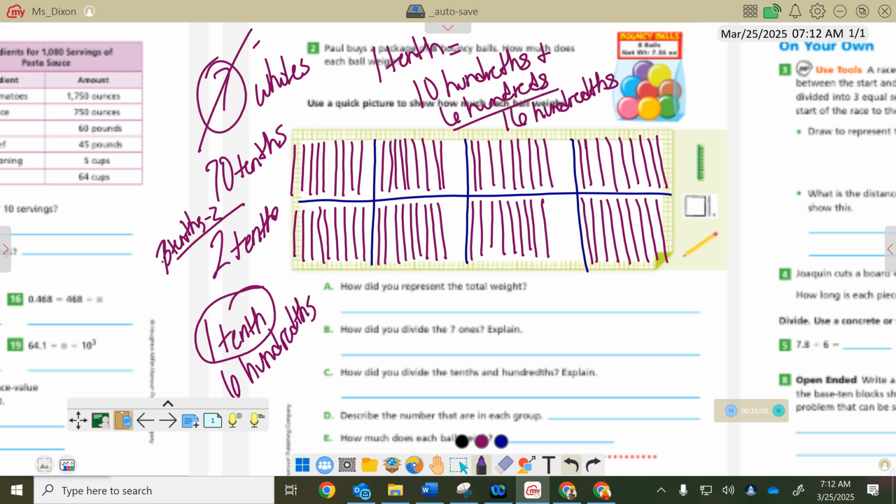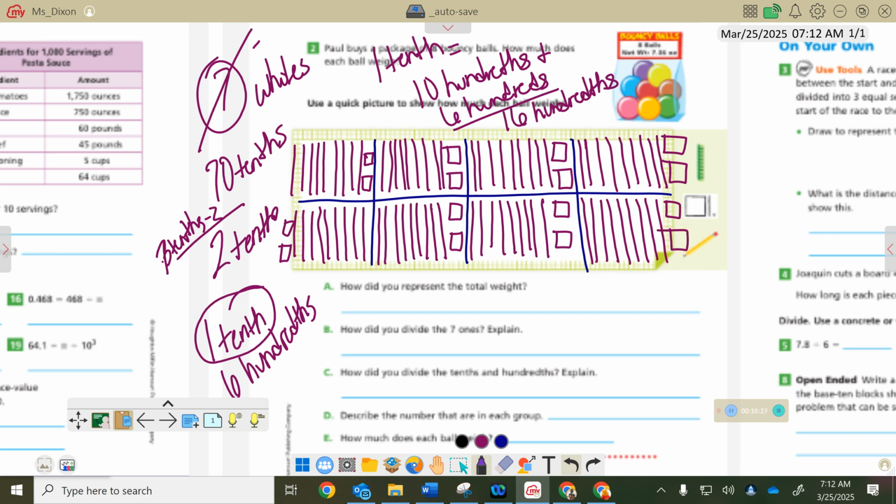And we all know that we can put 2 in each of these boxes because 16 divided by 8 is 2. So we're going to put 2 hundredths in each box, one box at a time.